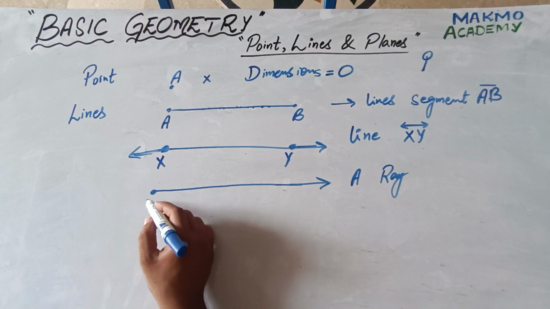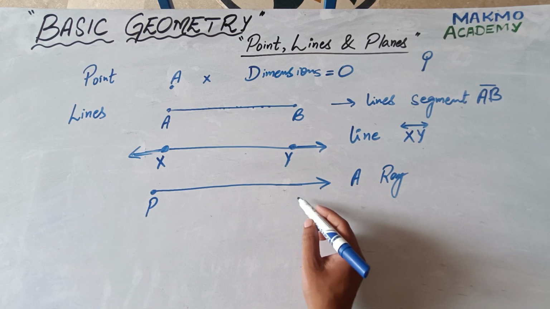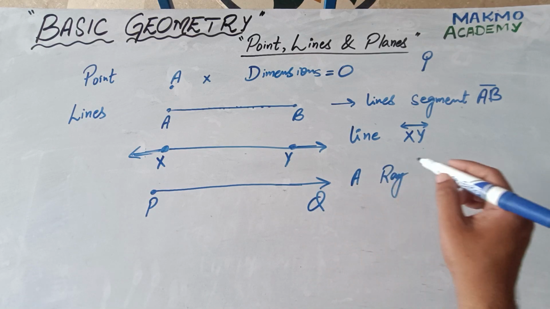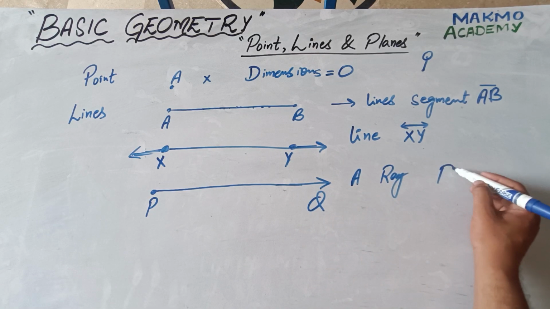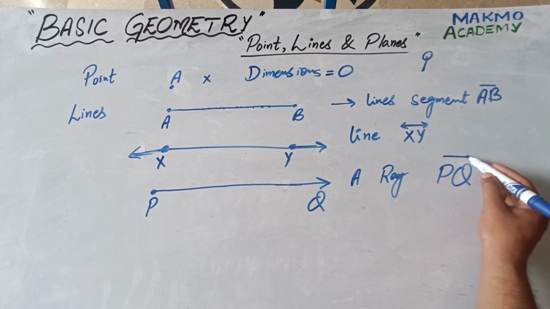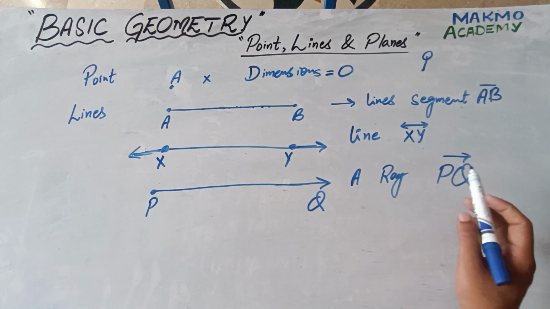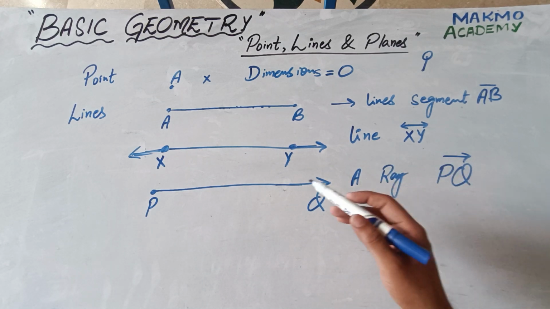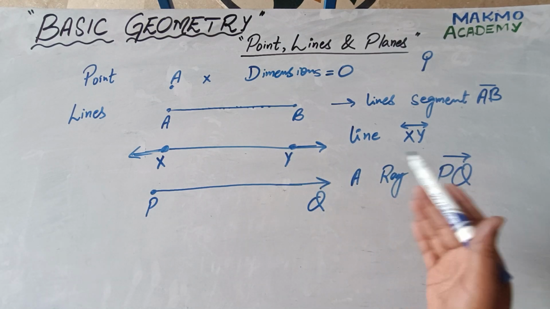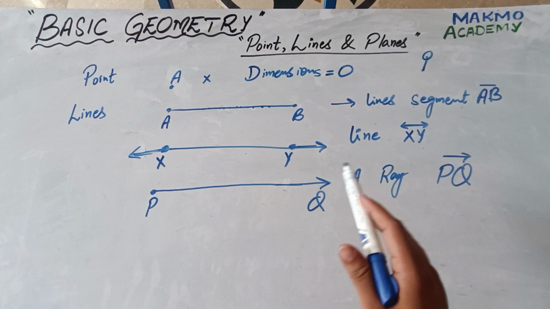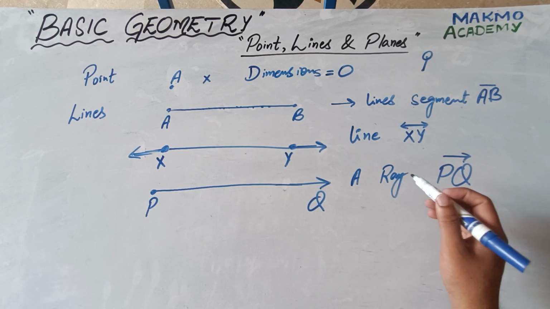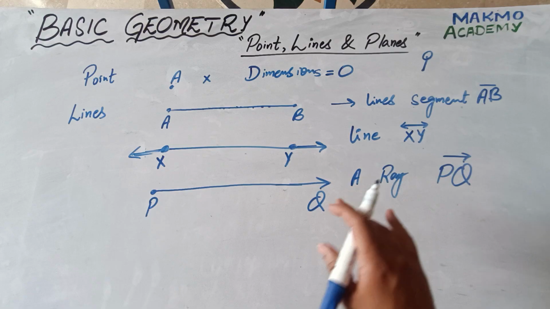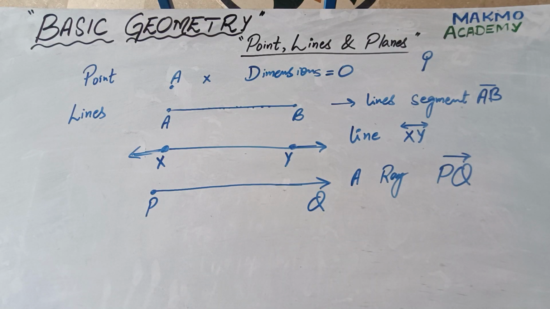For example, we can name this ray PQ, so we will call it ray PQ, and it represents that the ray is going in the right direction indefinitely. So a ray has one fixed point and one point which will continue to infinity, so that represents a ray.